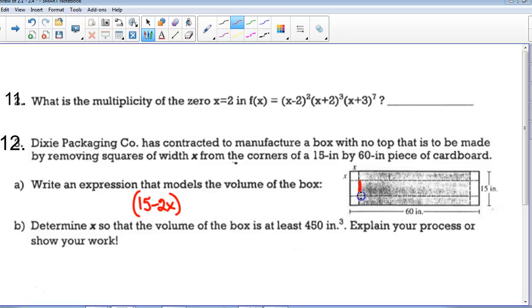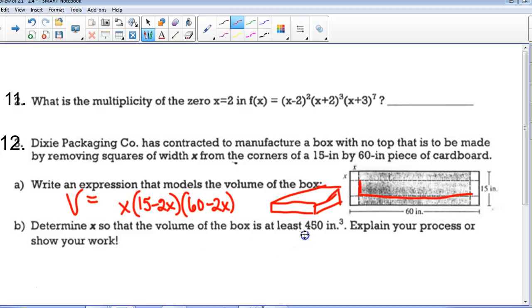And going this way, it used to be 60, but we took off an x in each corner, so we have minus 2x. And how deep is the box if we fold it all up? Oh, that's the worst box ever. It would be x, right? So there's your volume expression, and then you just need to graph it and see when it hits 450.